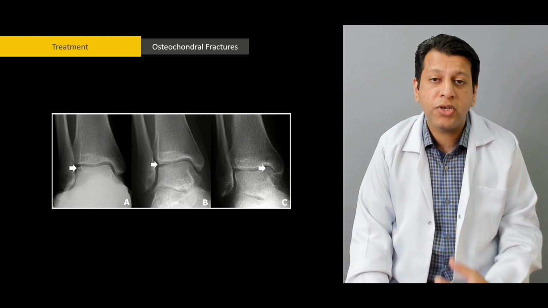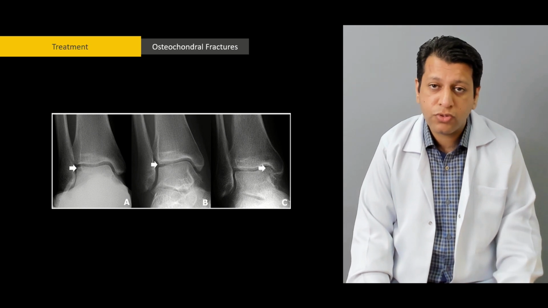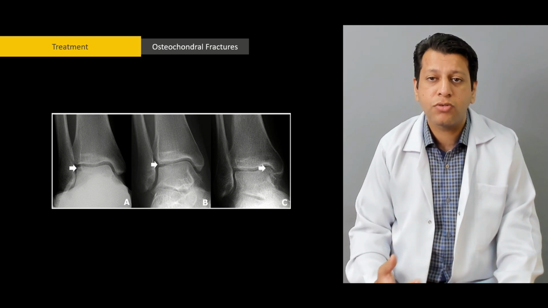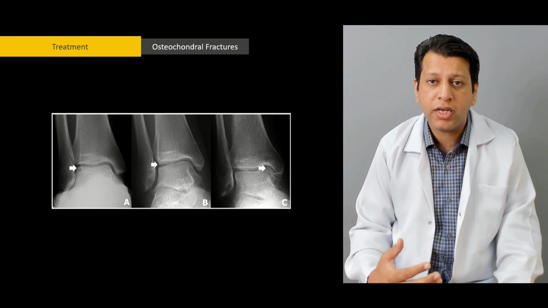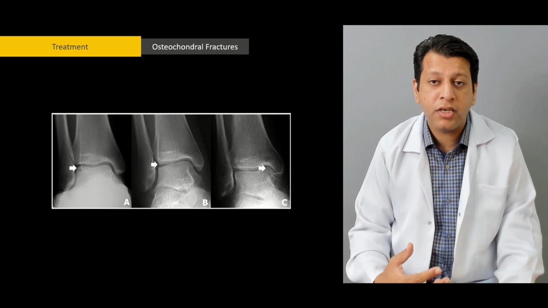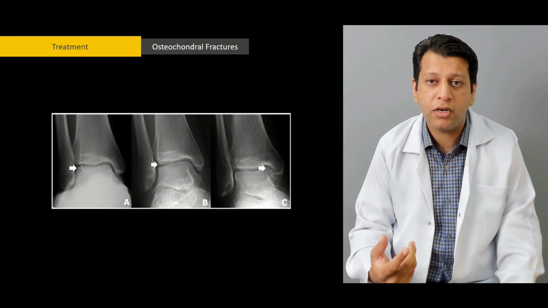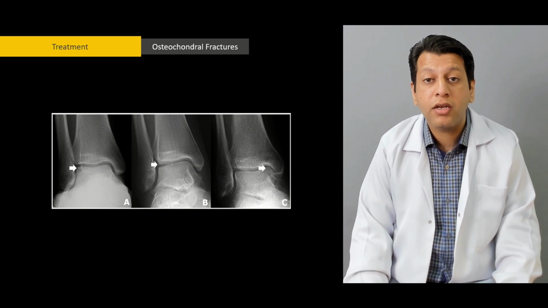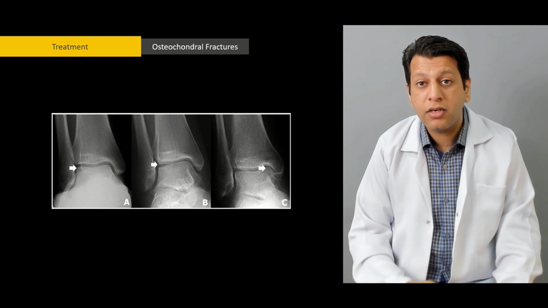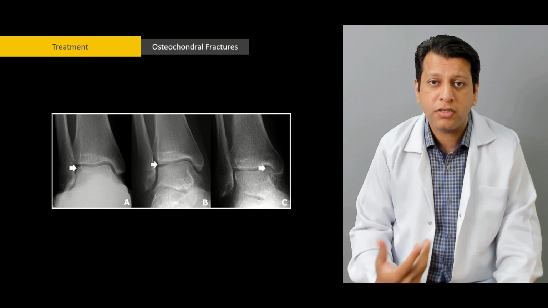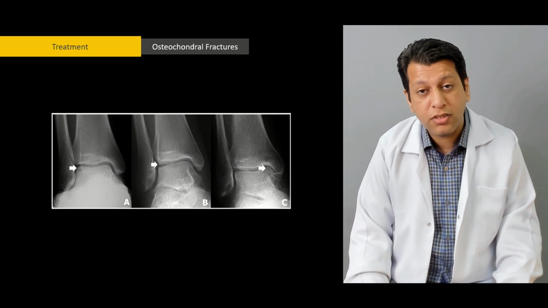The patient may be given a short leg cast for 6 to 8 weeks along with analgesics so that these fractures can heal over time, and protected weight bearing can be initiated. Or if there is a small fragment which is actually displaced into the articular joint, we can go for ankle arthroscopy and take that out, so the intra-articular segment is removed.